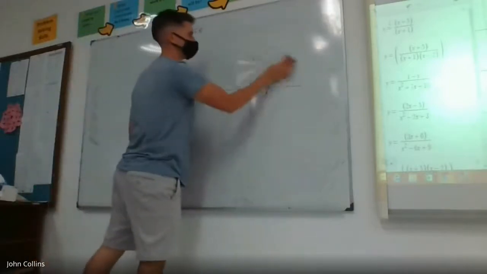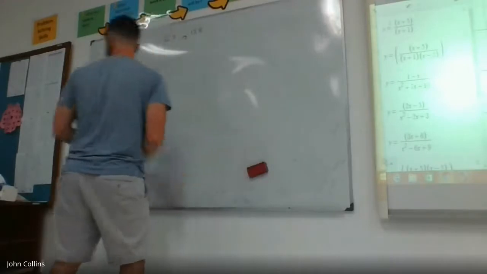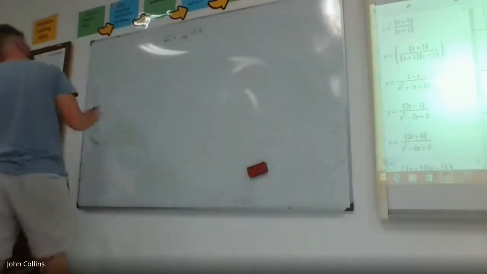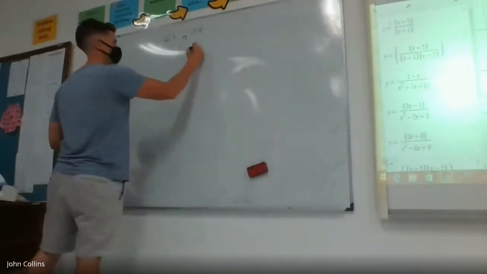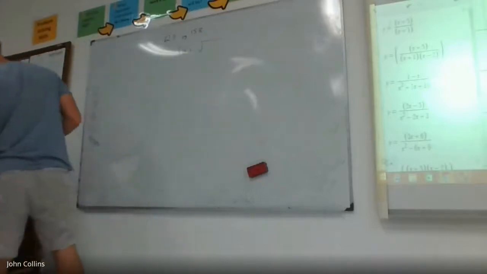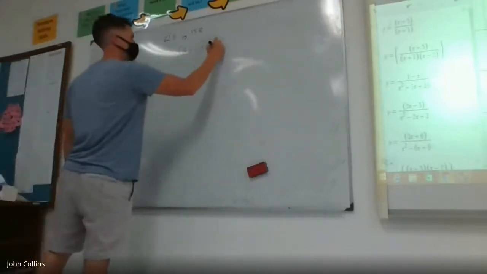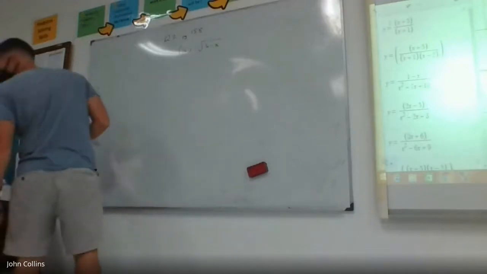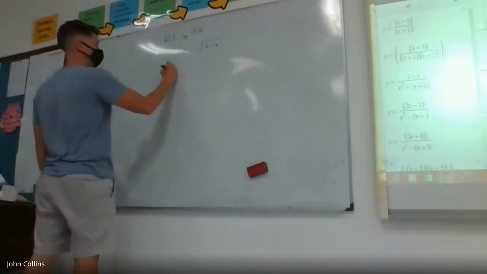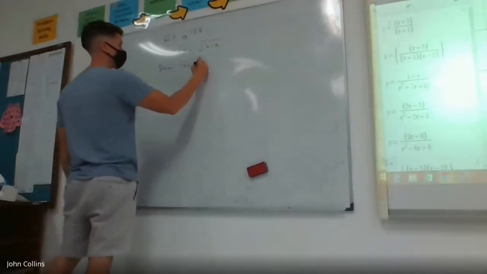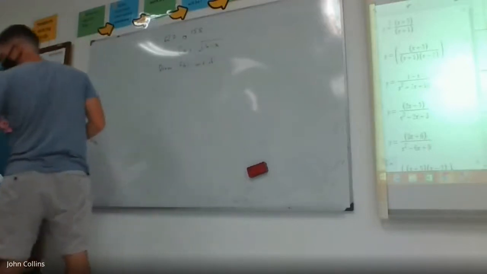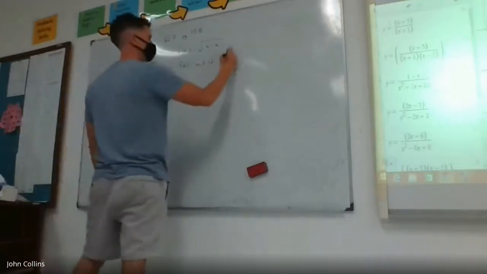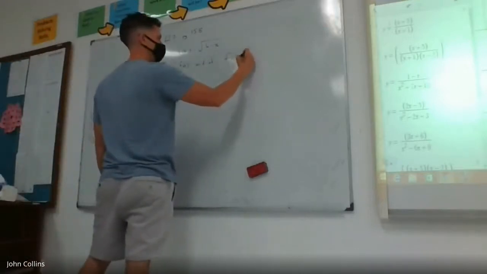Okay, so it says our function is the square root of 4 minus x. And it asks to draw the graph of f(x) and of f modulus x.